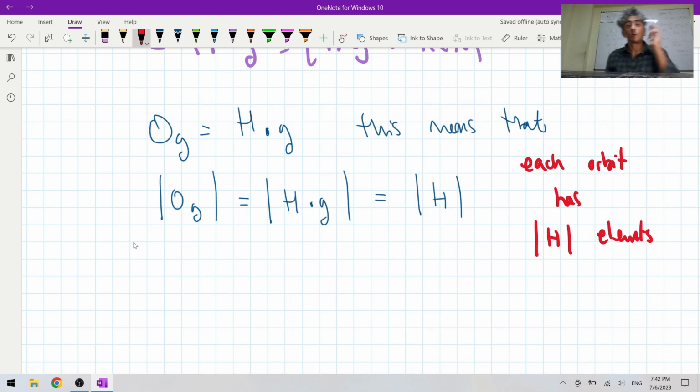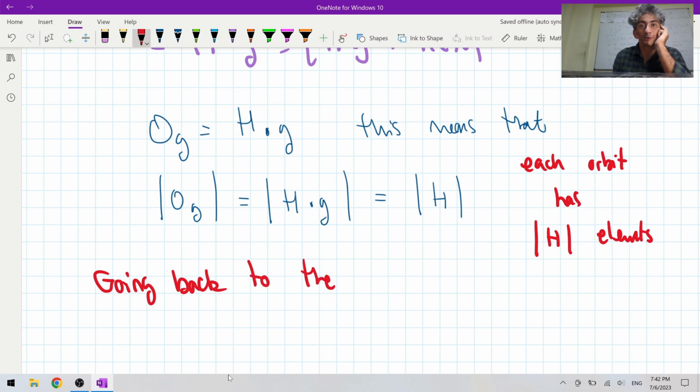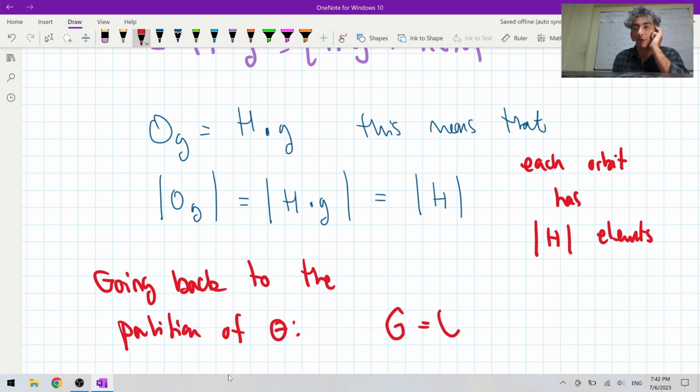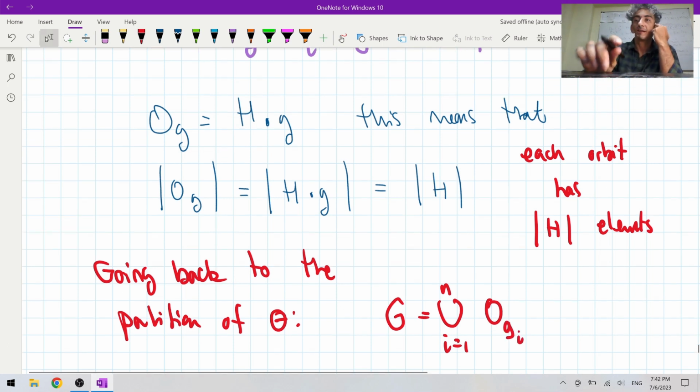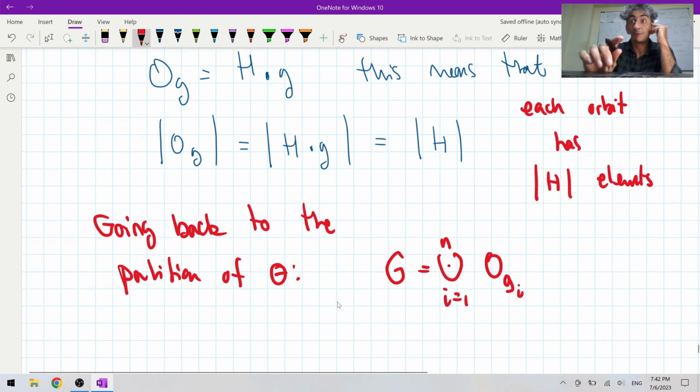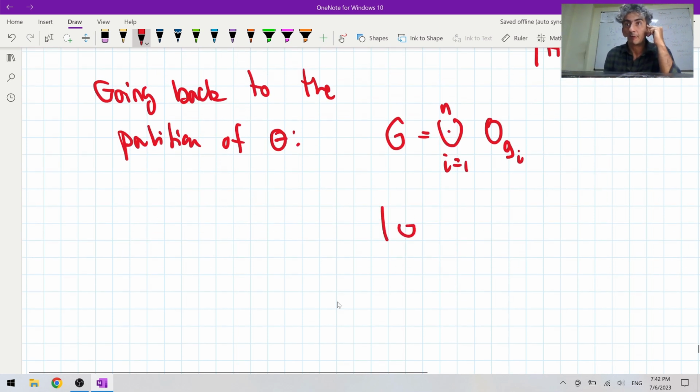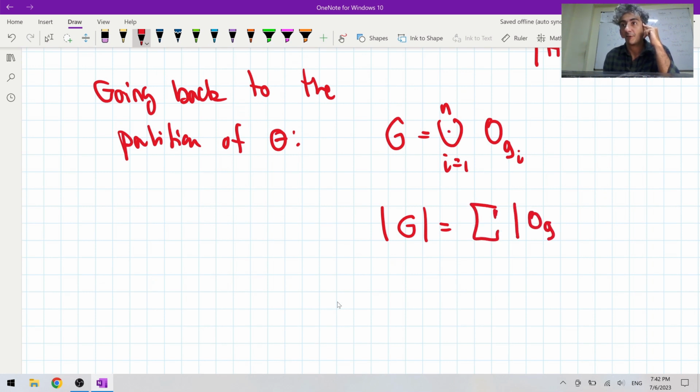So going back to the partition of G, G can be thought of as a finite number of orbits, and since this union is disjoint, the number of elements of G is actually the sum of the number of elements in each orbit.